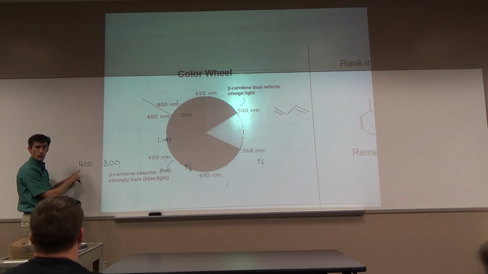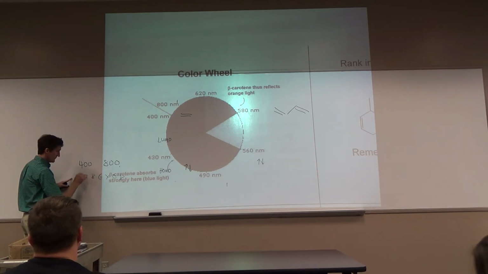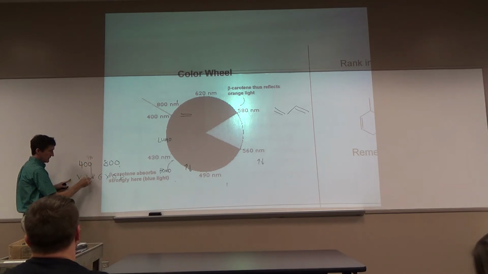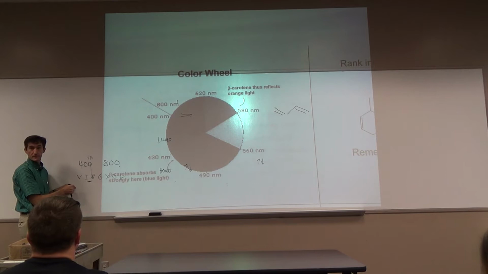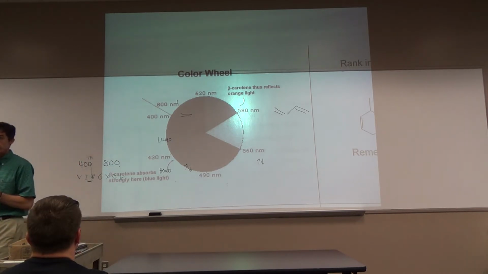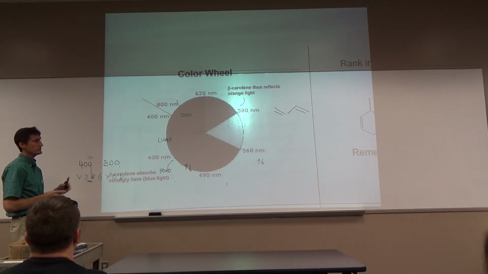Which is the R in Roy G. Biv? Red. So 440 is going to be here, in kind of blue. It absorbs blue. So why is it orange? It's because if you take blue out of white light, you're left with orange. It reflects. You can get this information from your color wheel.